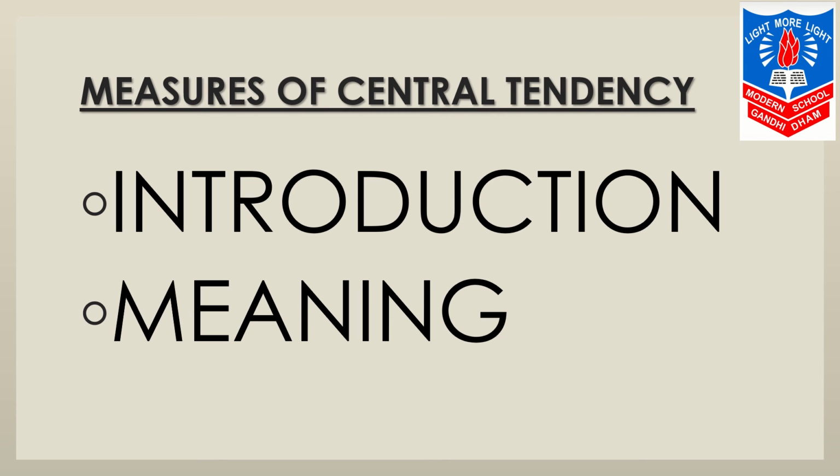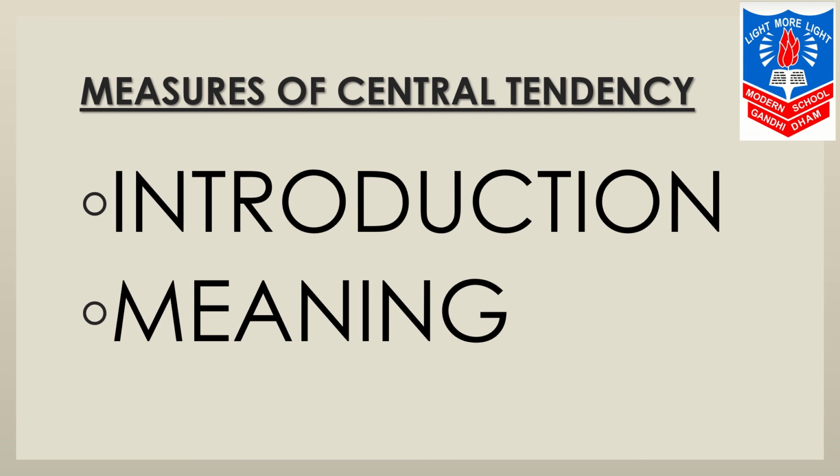Thus, an average value, very first thing, presents the data in a concise, short form. Second, it shows special characteristics of the data. The third one is that it helps in comparison between two or more sets of the data. Over here the comparisons can be easily done. Different measures of central tendency can be obtained for the collected data.